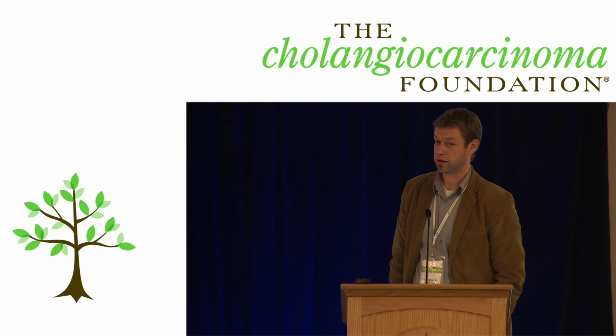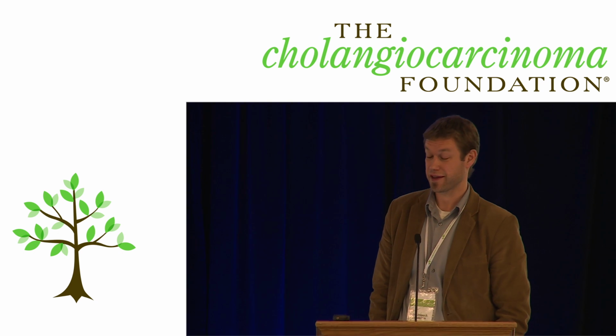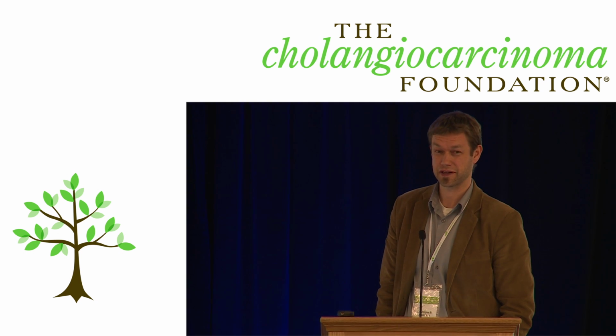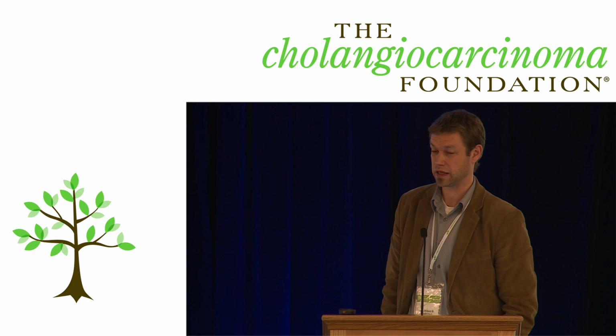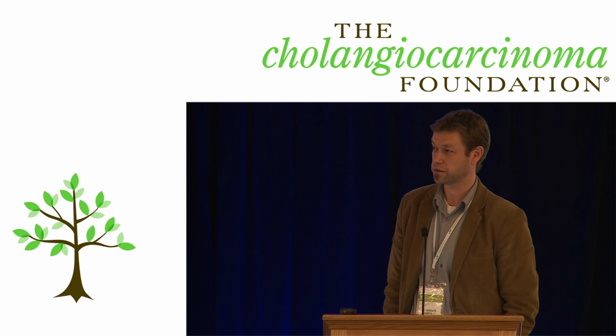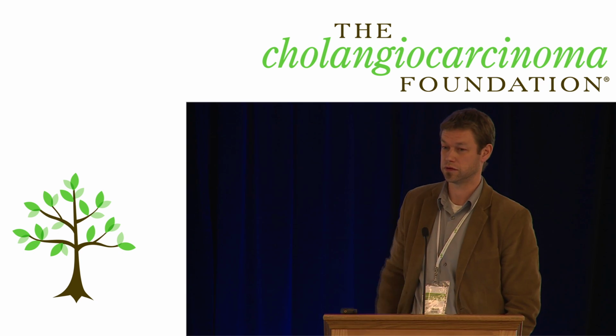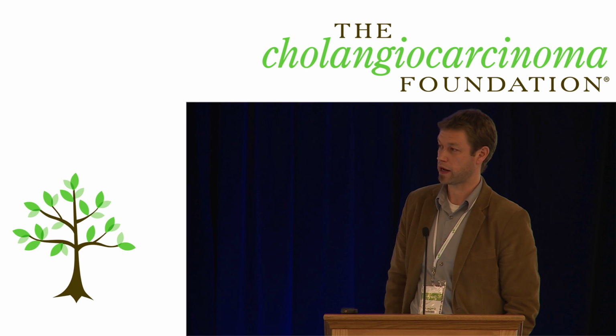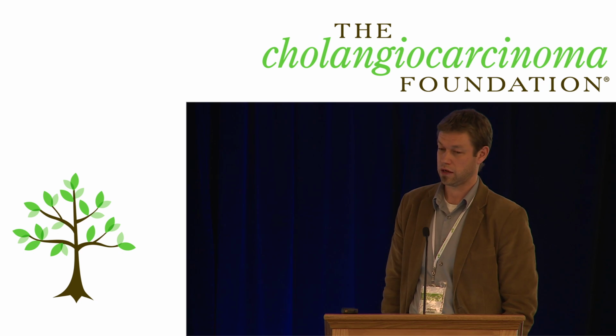So I'm still collecting. If anybody has fresh frozen tumors, I would be happy to receive them, and particularly distal cholangiocarcinoma is something that I'd like to map, from intrahepatic all the way down to the gallbladder, to see what really goes on in the gene expression space.